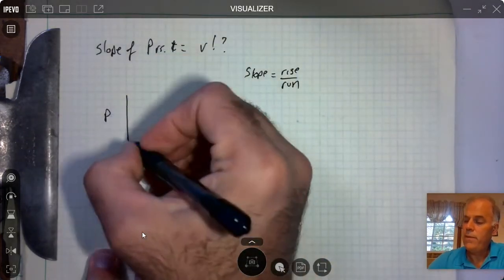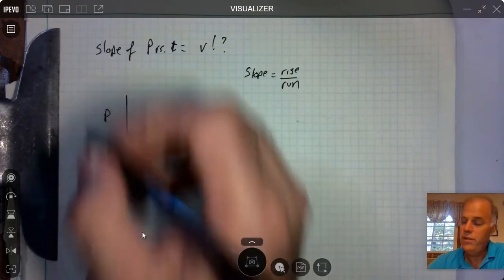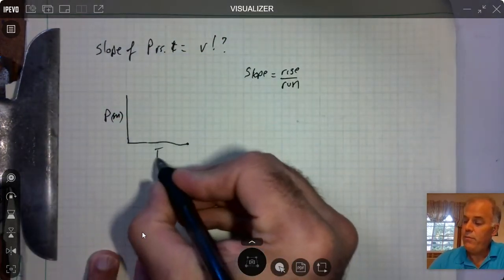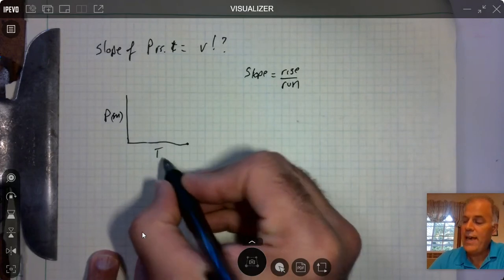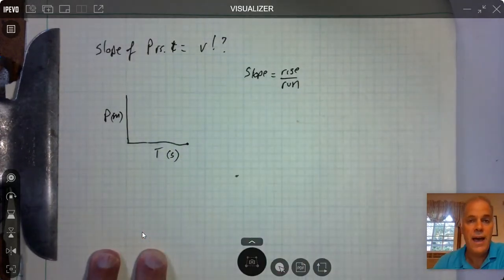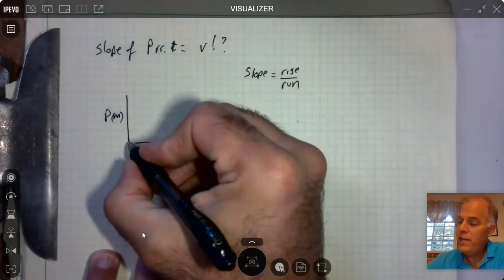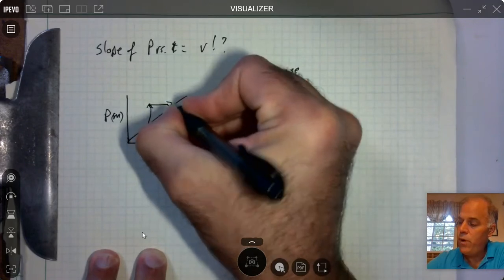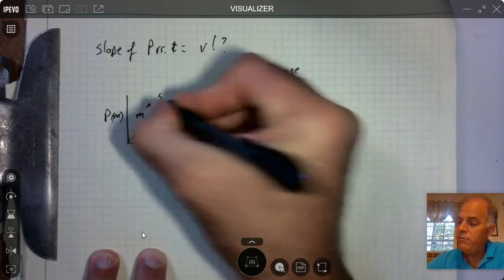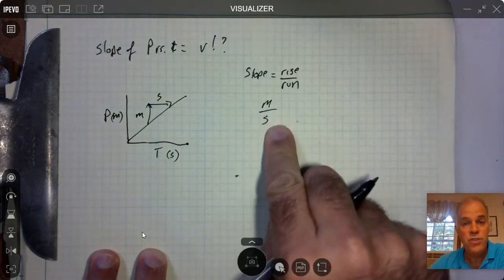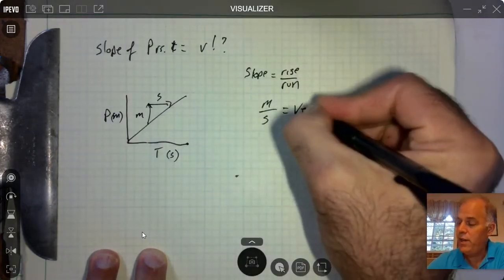So the vertical axis here is position, and the units of position normally is meters, and the x-axis is time, and the unit of time is seconds. So if we take the slope of this thing, we want the rise over the run, which is going to be meters divided by seconds, meters per second. That is velocity.